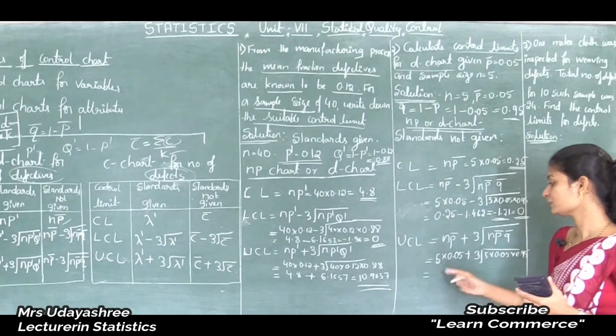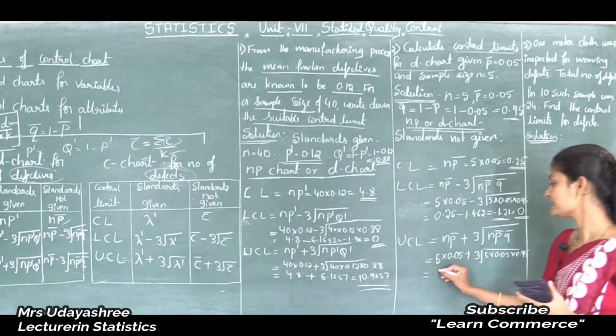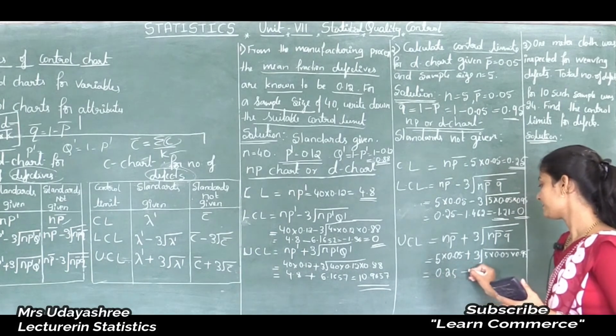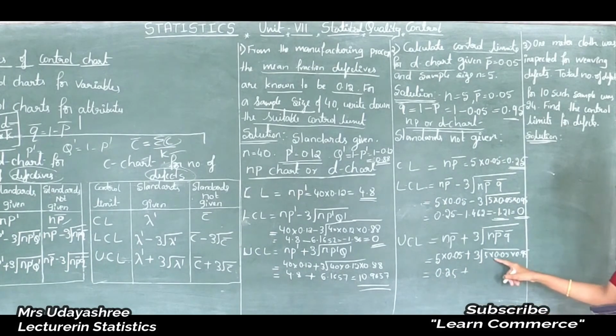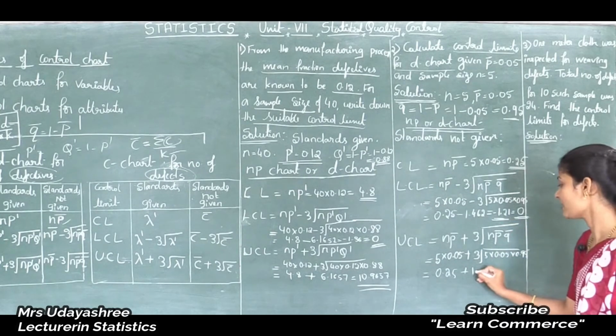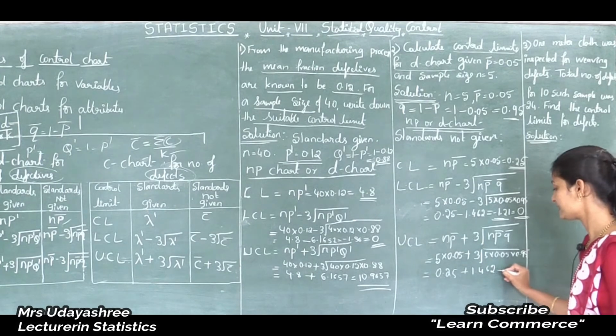This is equal to 5 into 0.05, that is 0.25, plus 3 into square root of 5 into 0.05 into 0.95, that is 1.462.